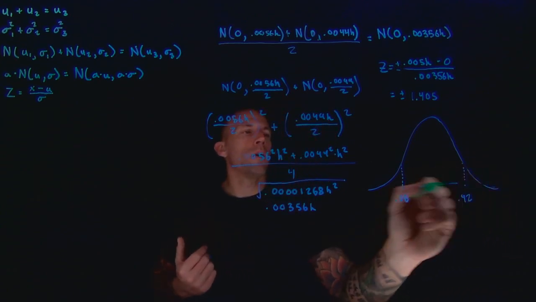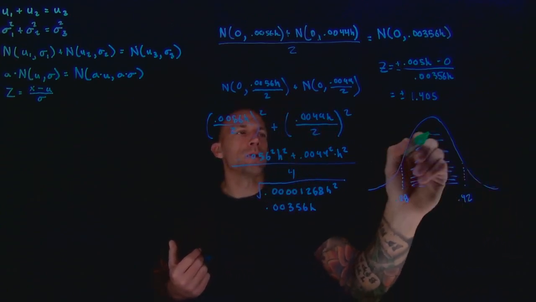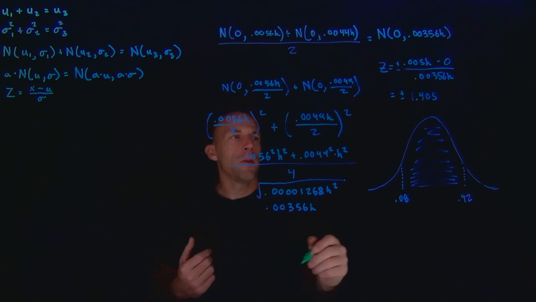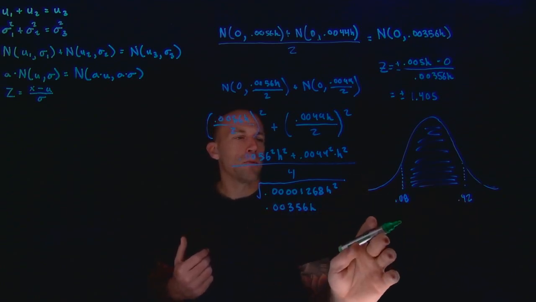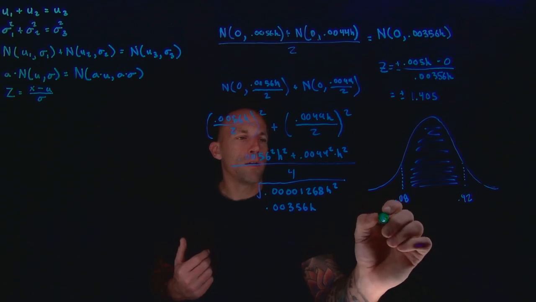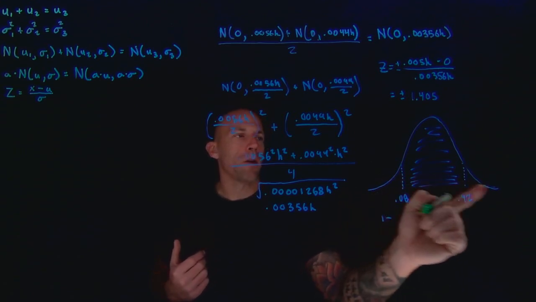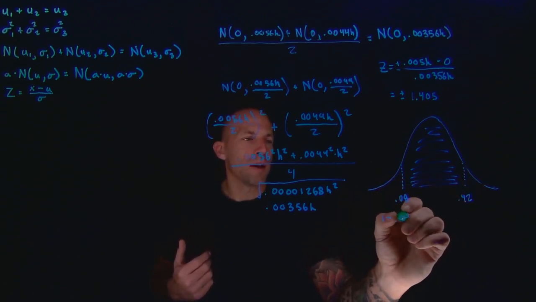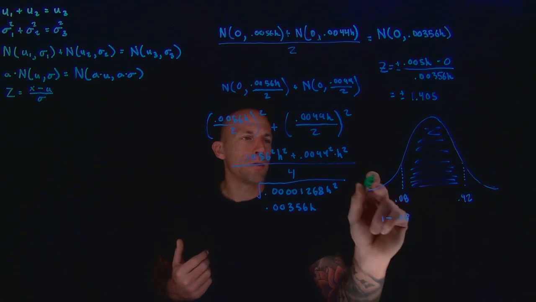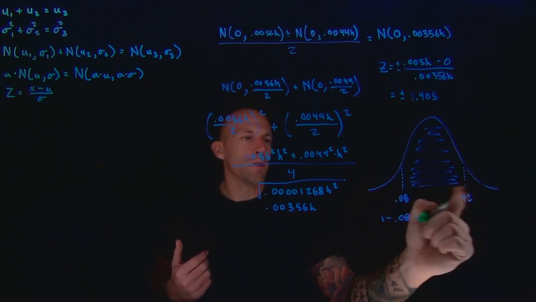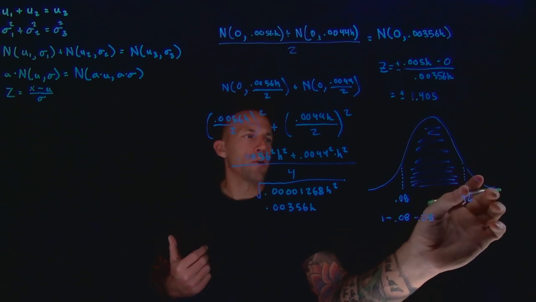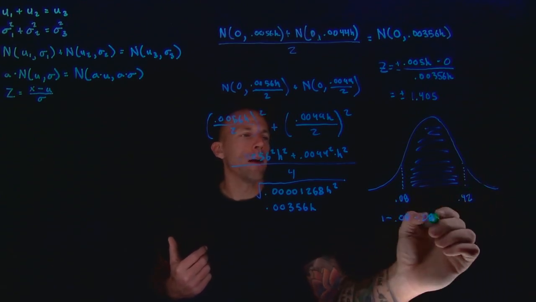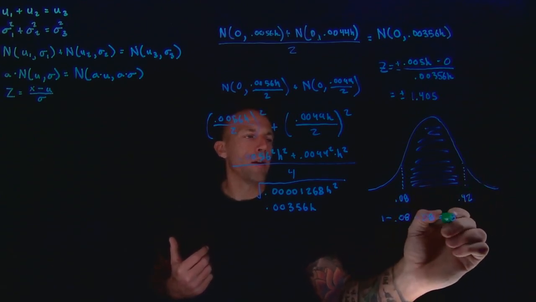So we want to know, is the error going to fall between these two values? So it's just going to be 1 minus the same area over here on both sides. So 1 minus 0.08 from over here minus the 0.08 from over here. That is 0.84.